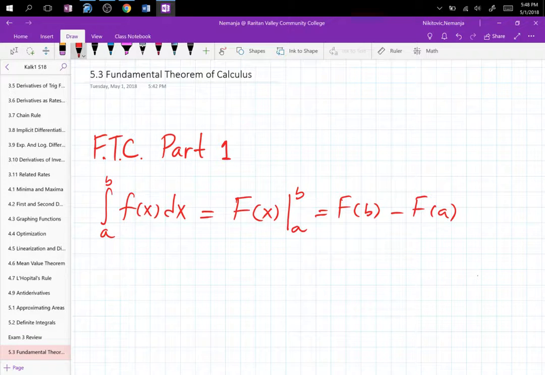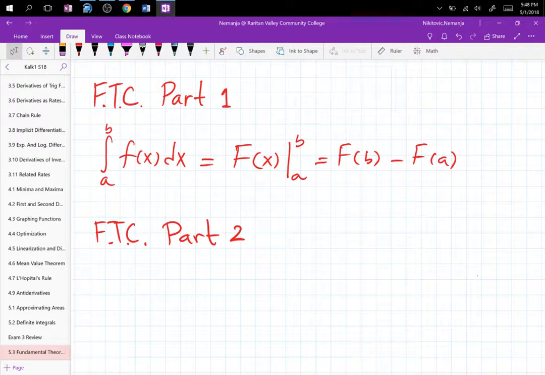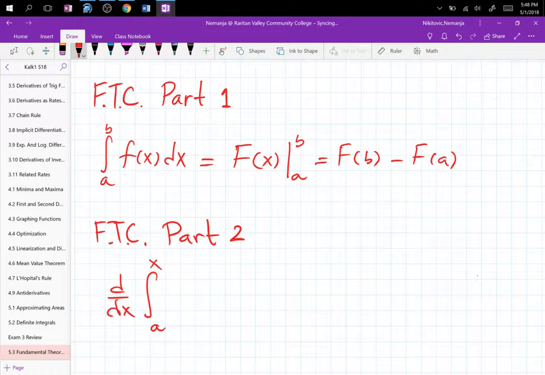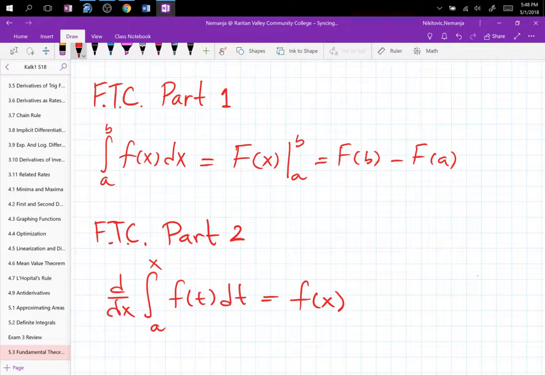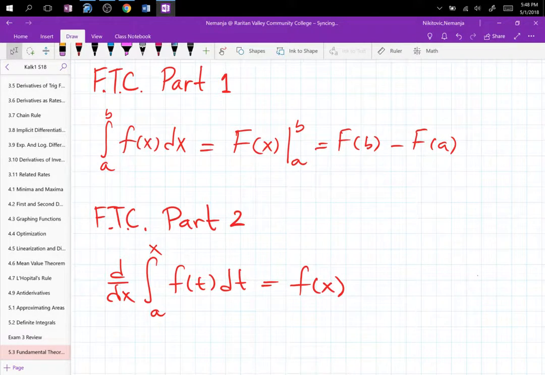Fundamental theorem of calculus part 2 is the one that we need to discuss today. And that one says that the derivative of the integral going from a to x of f of t dt is equal to f of x. Can anyone tell me what does this mean, essentially?